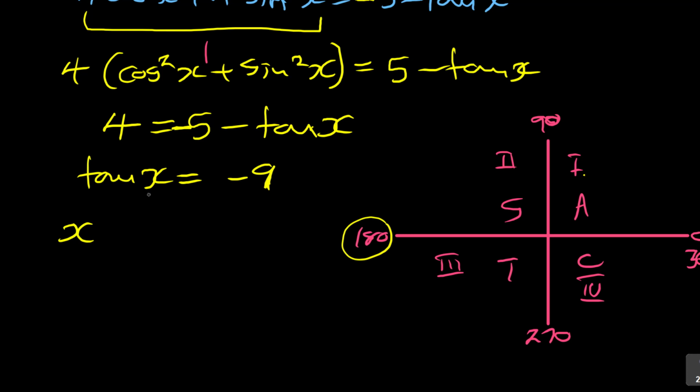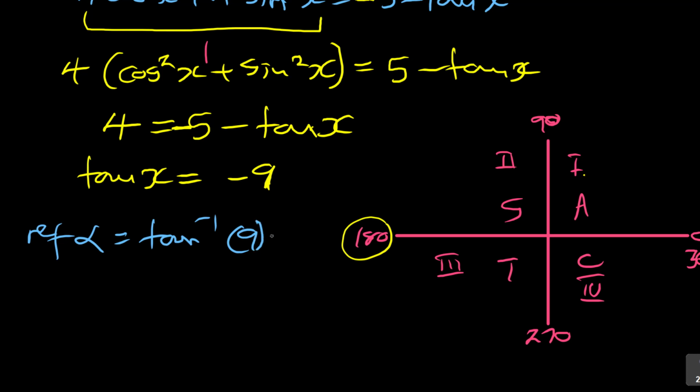Now look at this. As I said in the analytical, you always find your reference angle, remember? And when it's negative, ignore that negative. You write ref angle. It's always in the first quadrant, so it must be positive. So ref angle is equal to arctan 9.